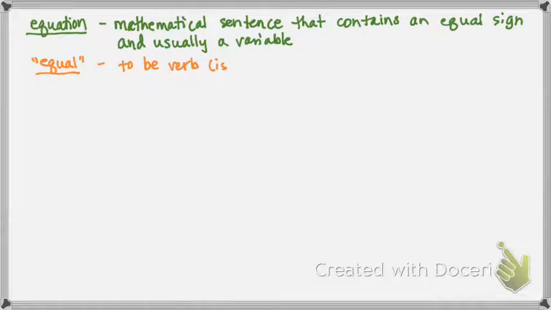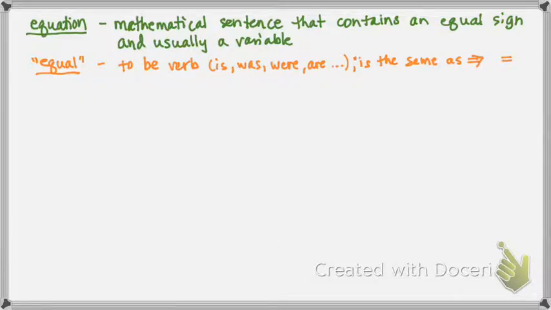So that could be is, was, were, are, and so on. Or, again, is the same as. They're all telling you to write the equal sign.